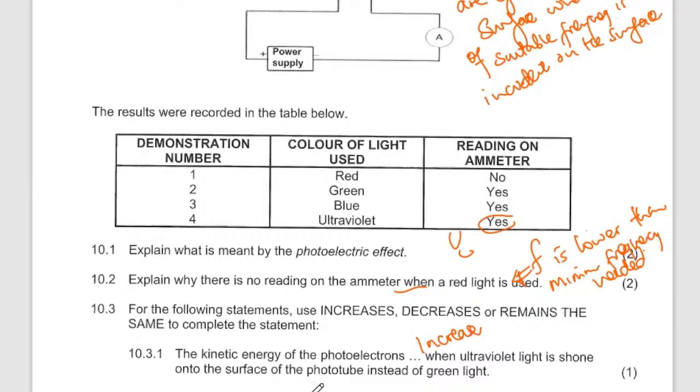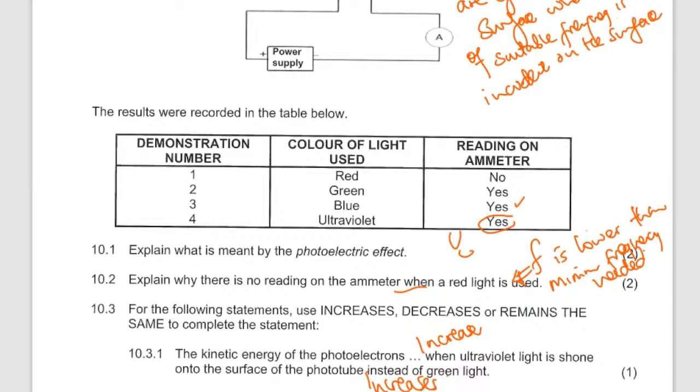Then the reading on the emitter when the green light is of higher intensity: the green light is also a yes, so the emitter reading increases.